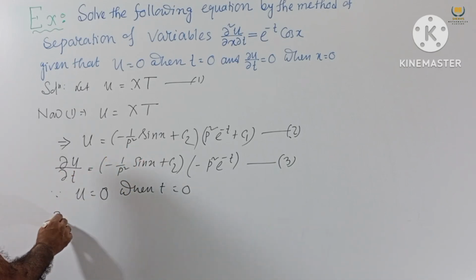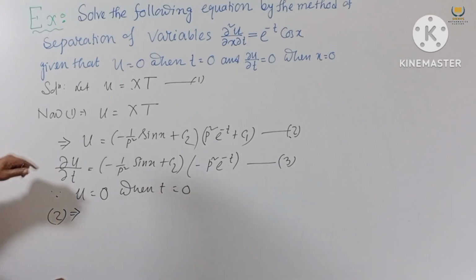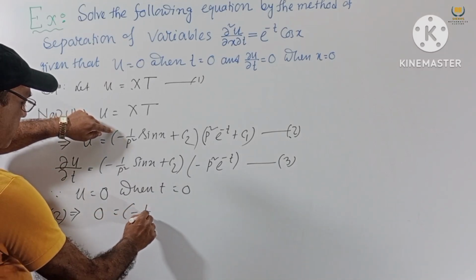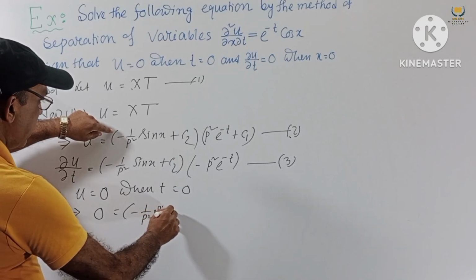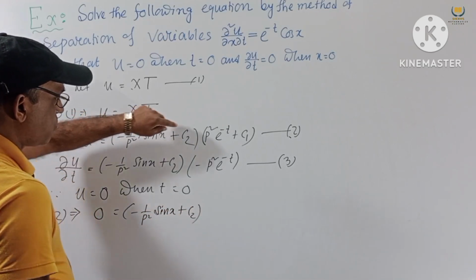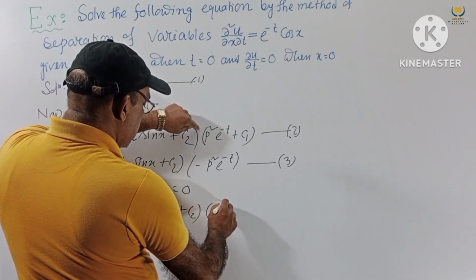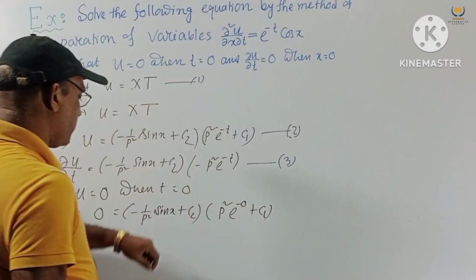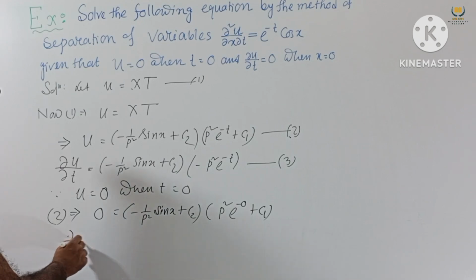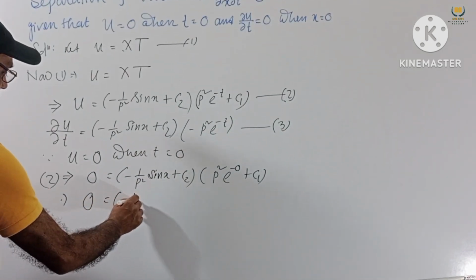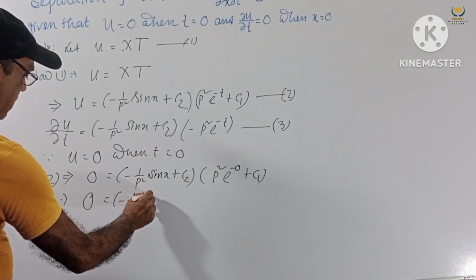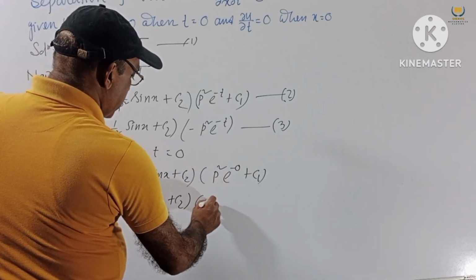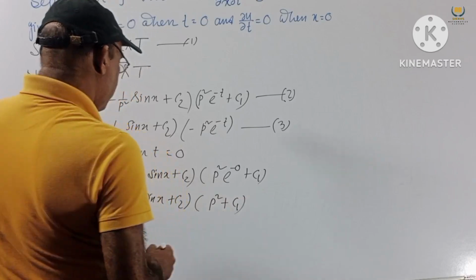So 2 implies u equal to 0, minus 1 by p square sin x plus c2, this is p square e to the power minus 0 plus c1. We get this one, 0, minus 1 by p square sin x plus c2, this is p square plus c1.